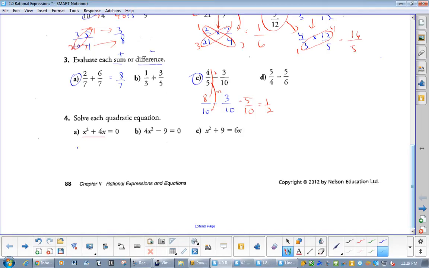You take an x. If you take out an x, that would be x times x plus 4 equals 0. Now, what would make this equal 0? Okay, negative 4 is that one. What's the first one that would make it equal 0? So 0, because 0 times, I don't care what's coming after, it's going to equal 0, and negative 4.